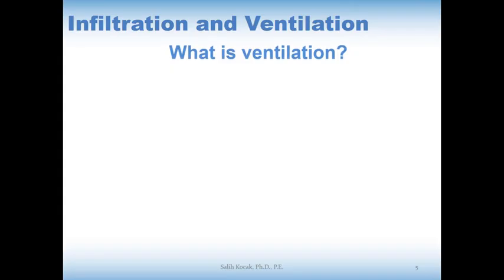And let's go and talk a little bit about ventilation. So what is ventilation? As we said in the previous slides, ventilation is required to replace the old air with fresh air in a building, and ventilation is a requirement for well sealed buildings, constructions such as commercial buildings with or without any operable windows.